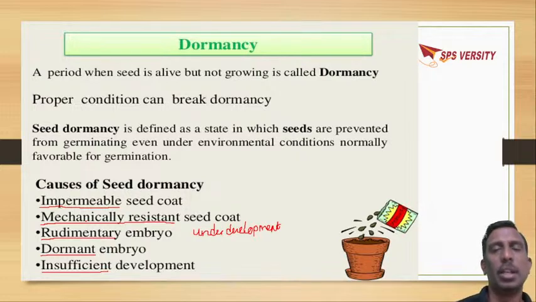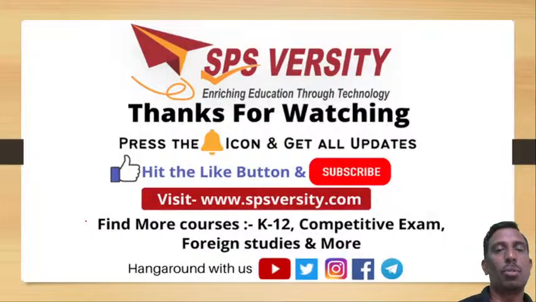So like this, farmers will be doing many methods to overcome this seed dormancy. So this is about the seed dormancy. Once seed dormancy is broken down, it leads to germination of seeds. Seeds germination होता.